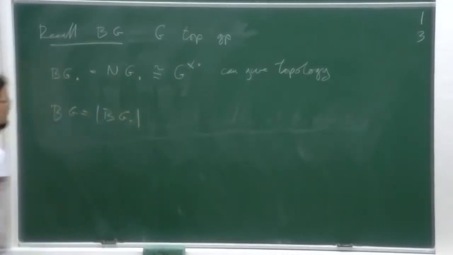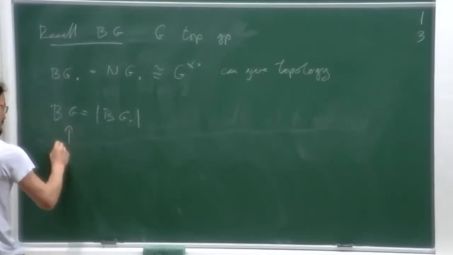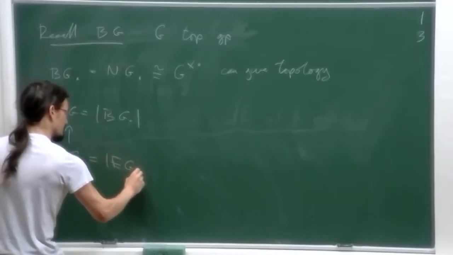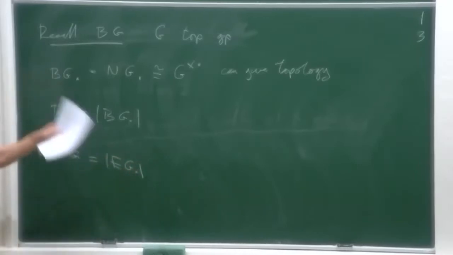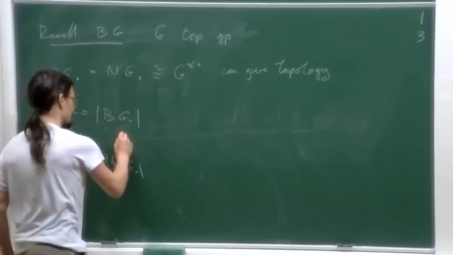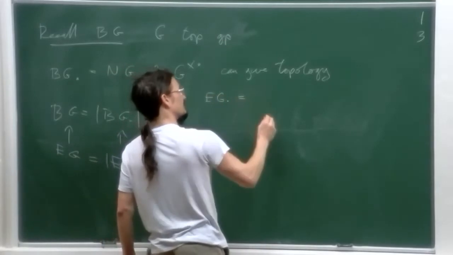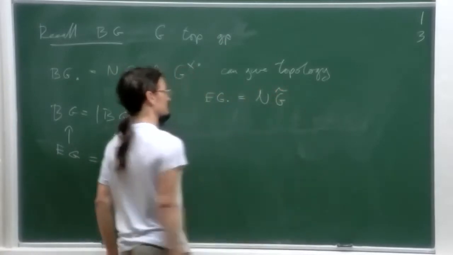The geometric realization of this thing is BG, and the geometric realization of the universal bundle is EG, where by EG you denote this G tilde construction.